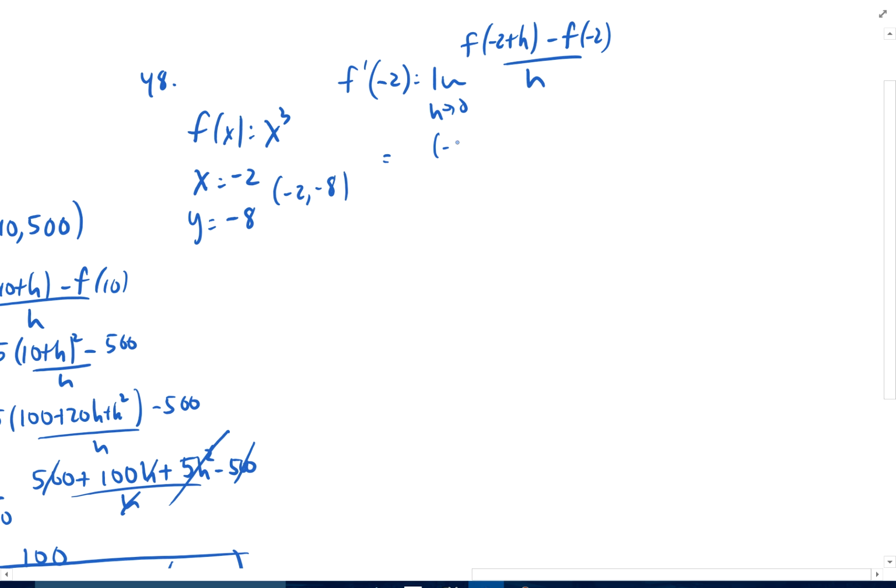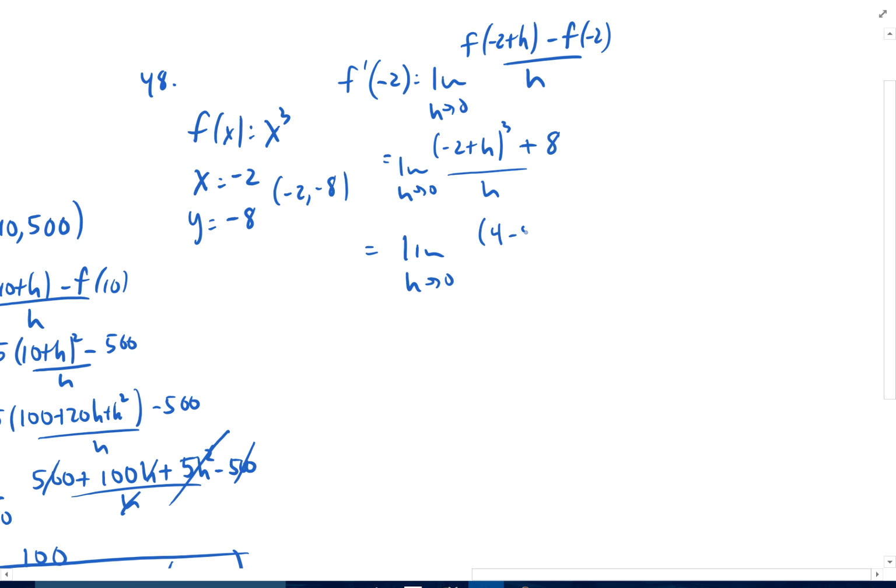So it's going to be negative 2 plus h cubed plus 8, right? Minus negative 8 over h. The limit as h goes to 0. Okay, cubing this, let's square it and then cube it.